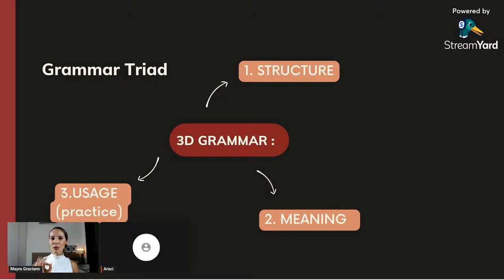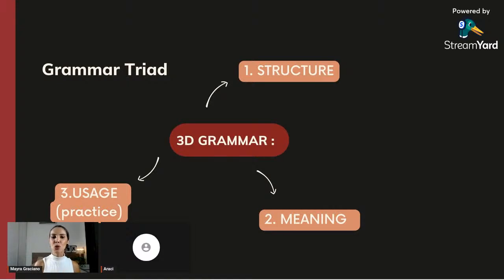Well, think about the grammar in three ways, three perspectives. Look, structure, meaning, and then usage. What is the structure of this grammar that you want to use? What is the meaning? What is the usage? So think about grammar in a 3D way.